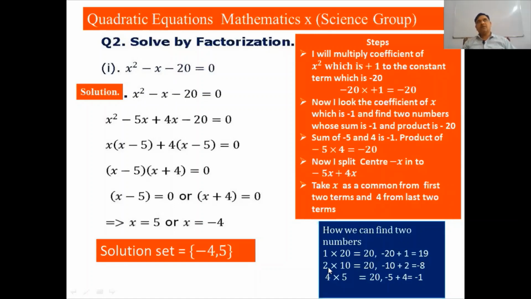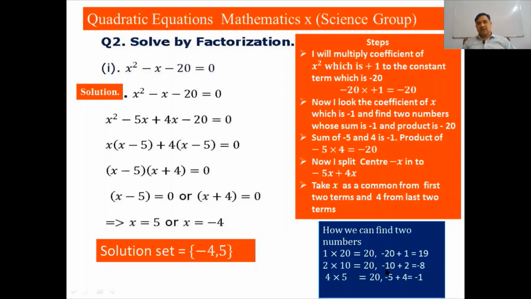If I take 2 times 10, which is 20, one number we can take is minus 10 and the other is 2. When we add up these two numbers, we have minus 8. So our requirement is that the sum of these two numbers must be equal to minus 1.